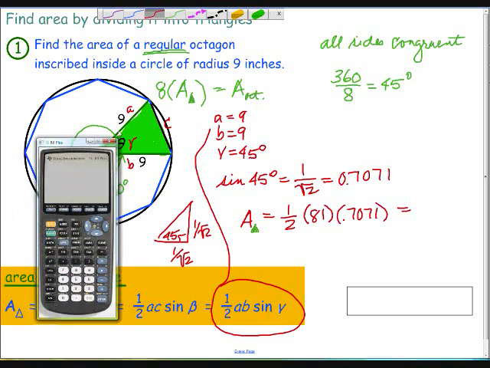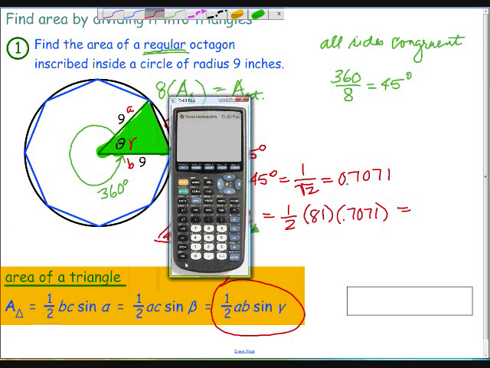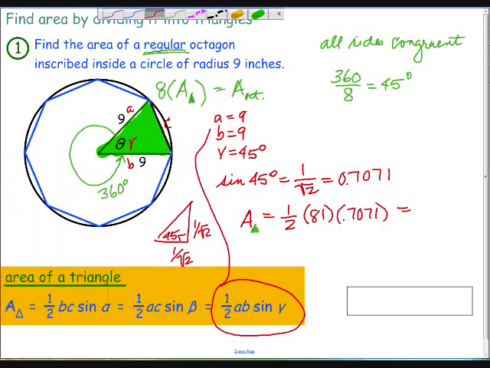Let's pull back our calculator, and we've got our sine of gamma, and we're going to multiply that times 81, and then divide by 2. 28.6.